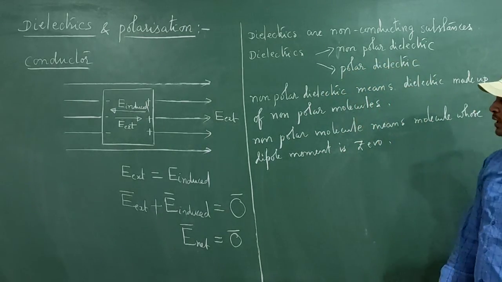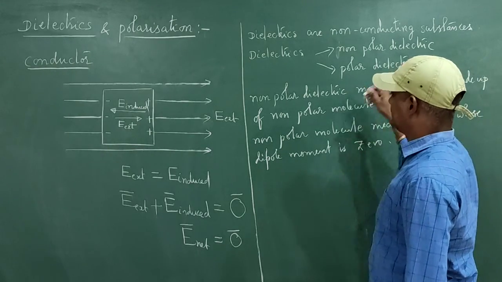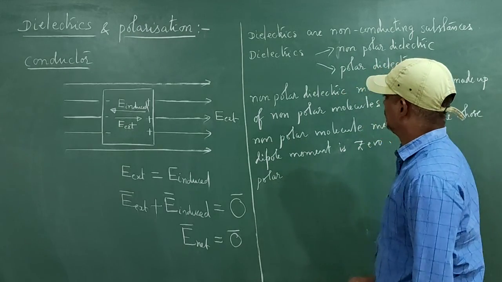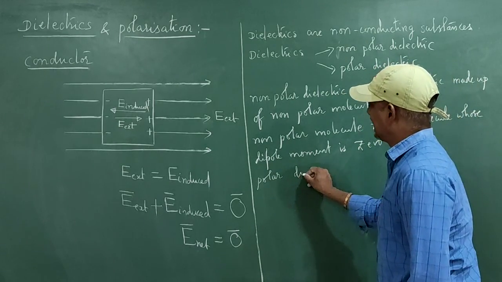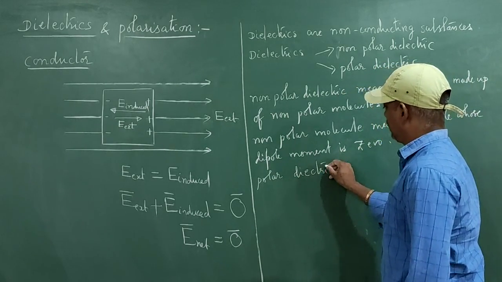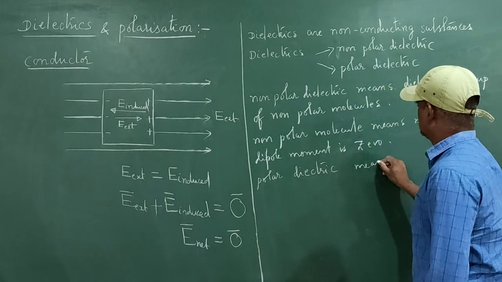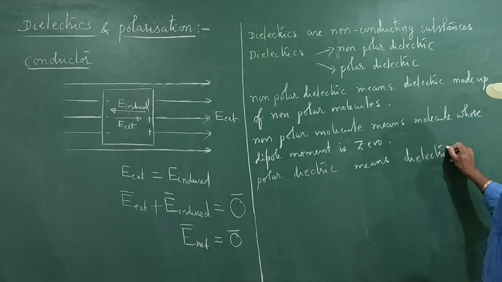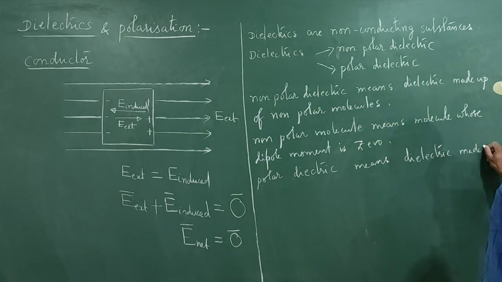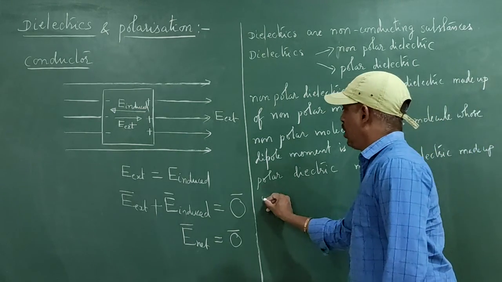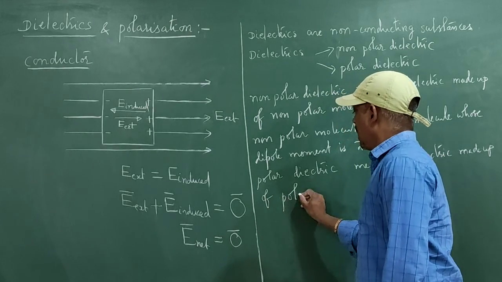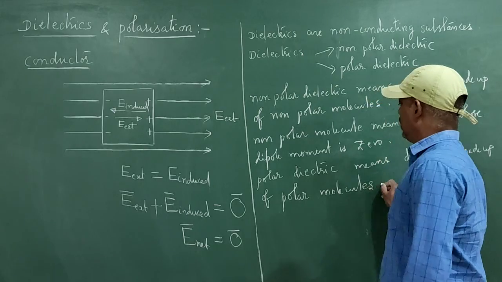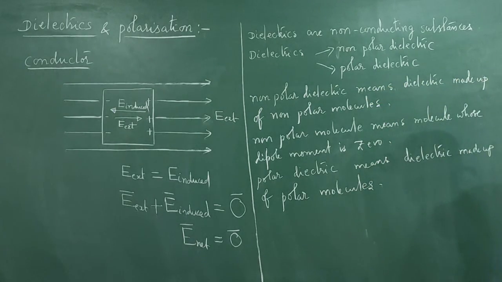The other one is polar dielectric. Now what is a polar dielectric? A polar dielectric means a dielectric made up of polar molecules. Now what are polar molecules?